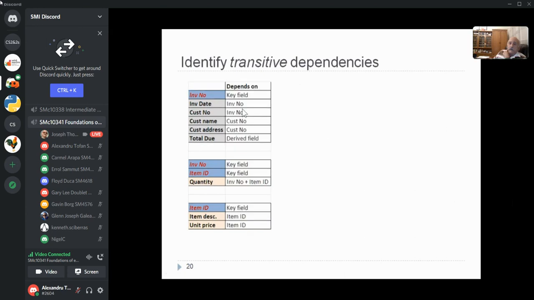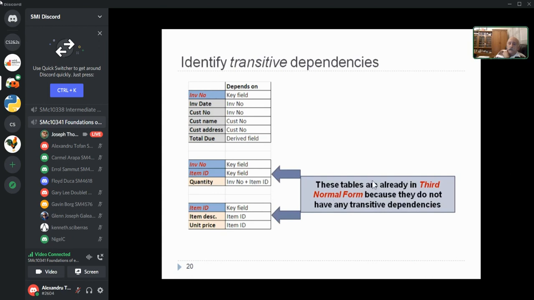Alright, so here, this is what I've just been saying. Customer name and customer address give us a characteristic of customer number, invoice date and customer number give us a characteristic of invoice number. So these two tables are in third normal form.